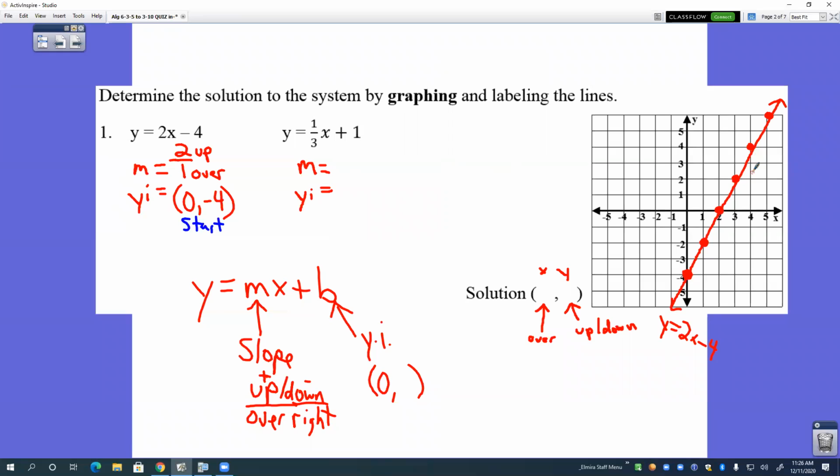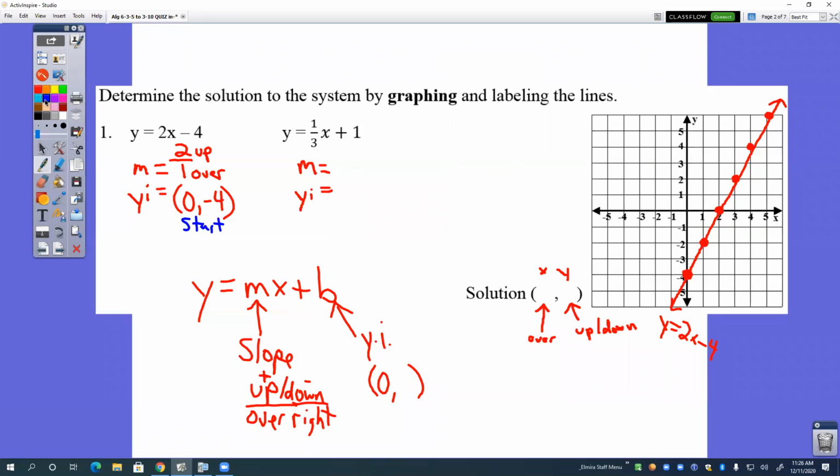For my second equation, I have 1/3 x plus 1. 1/3 is the number in front of your x, so that is your slope. That is where you are going up 1 over 3. Our y-intercept is 0, 1. So we're going to start at 0, 1. We're going to start right here.